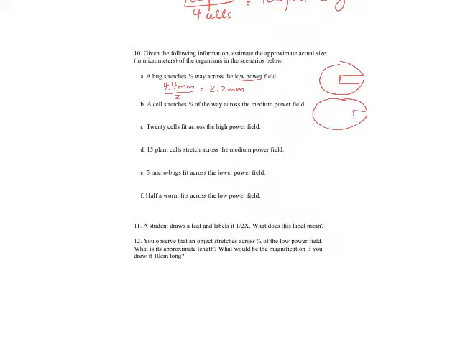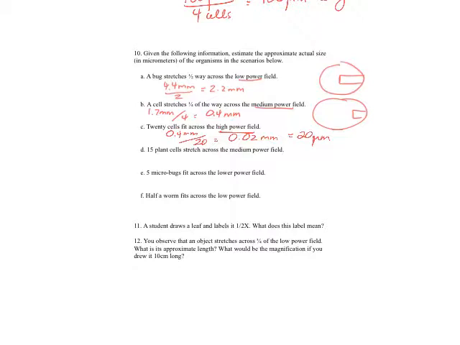A cell stretches a quarter of the way at medium power field, 1.7 millimeters divided by 4, 0.4 millimeters. 20 cells, I'm not going to actually draw those, sorry. High power, 0.4 millimeters divided by 20, 0.02 millimeters, or 20 micrometers.